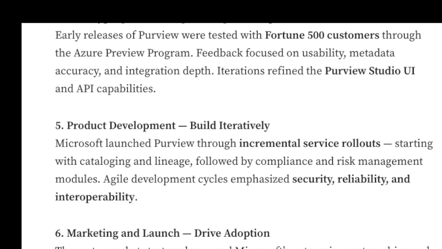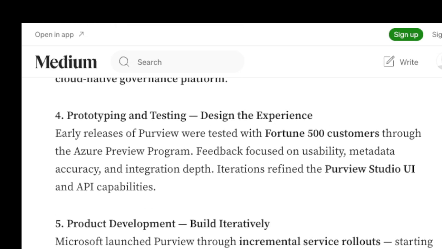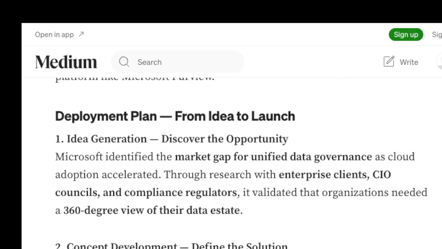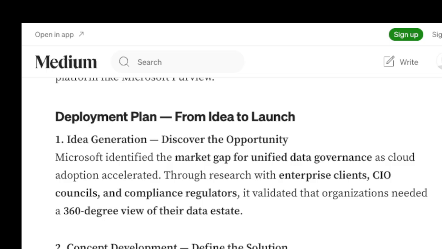So what positioning did Purview give in its place? It didn't say, okay, we can integrate a large set of data and bring it to some centralized location, but their positioning was from the perspective of data safety and governance. As in the very first point, we talked about idea generation, discovery, the opportunity.